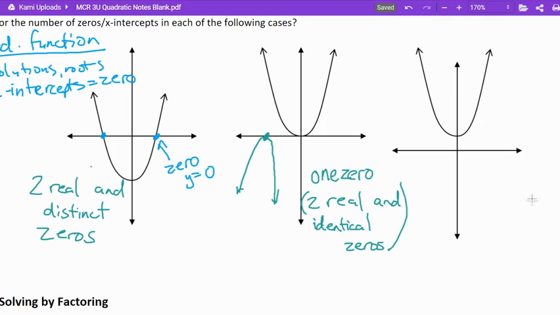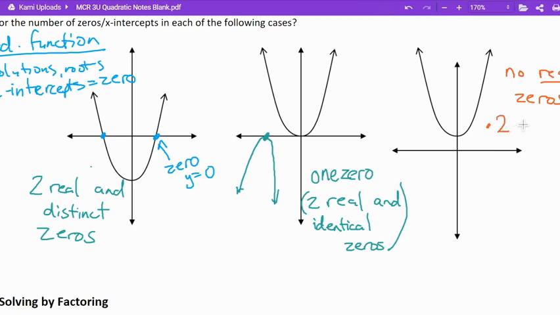And in the last case, how many zeros are there? Greg says none. Well, that's really nice in grade 10, but in grade 11 there are zeros. Okay, so we do say no real zeros, but we do have two zeros. We call them complex, or imaginary, because we're going to use imaginary numbers in this case.